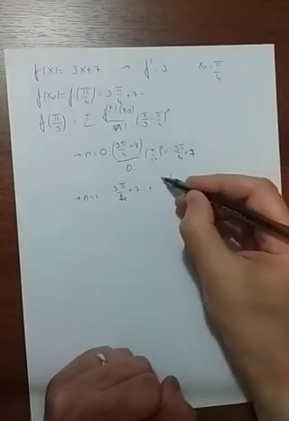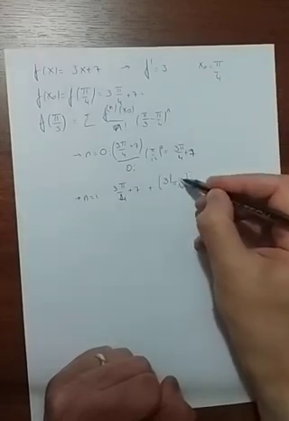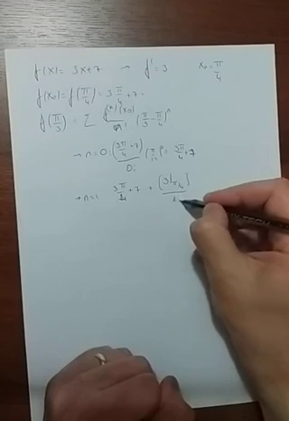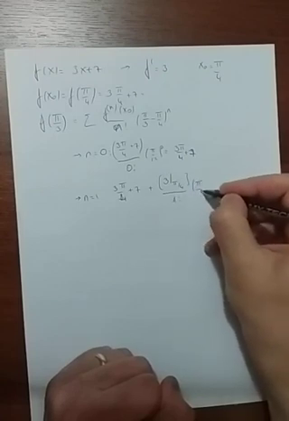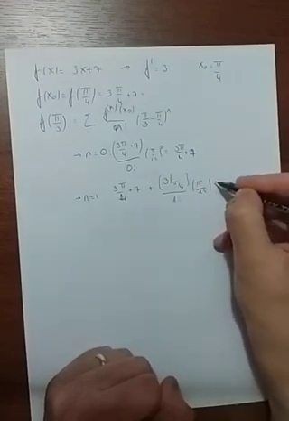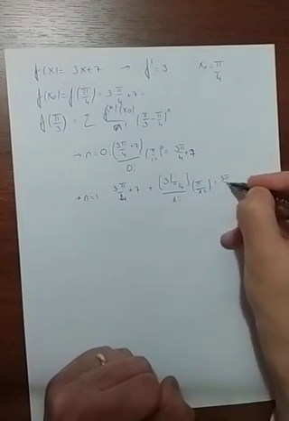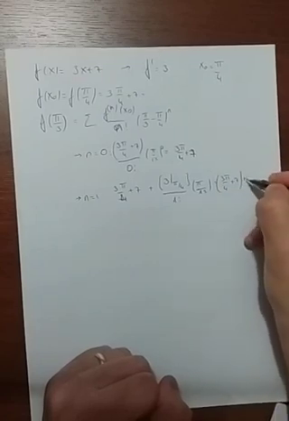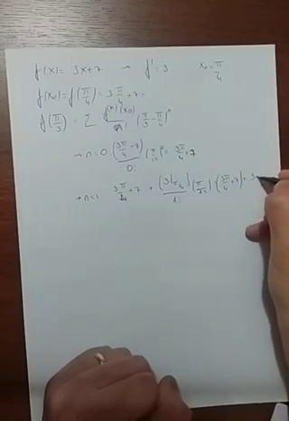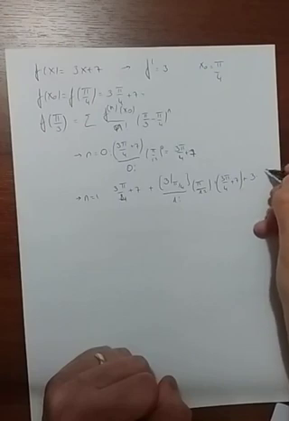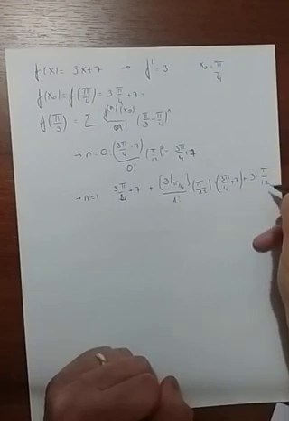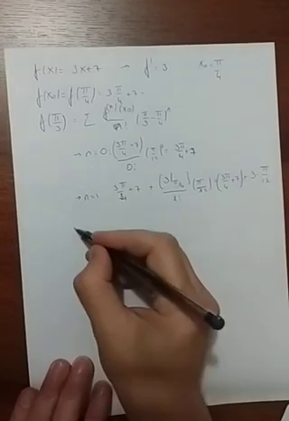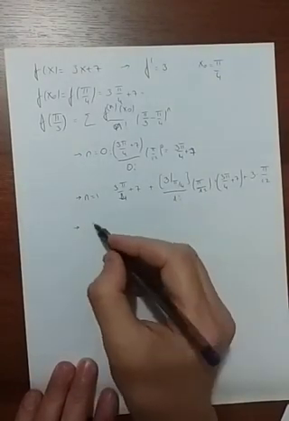This function is a constant, so at this value it is still going to be 3, divided by 1 factorial, times π/12. The answer is going to be 3π/4 + 7 plus 3 times π/12.